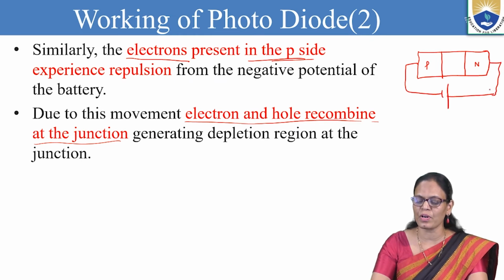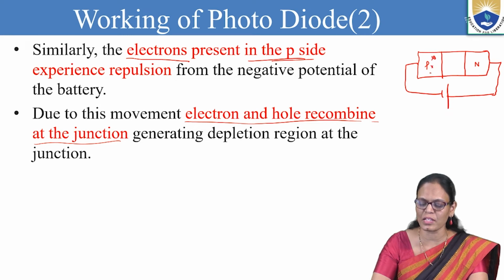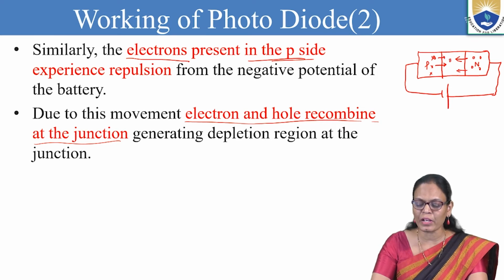The minority carriers, which are the electrons here, and the minority carriers, which are the holes here, will try to come across the junction. Then there will be recombination of electrons and holes. This is what we call recombination.